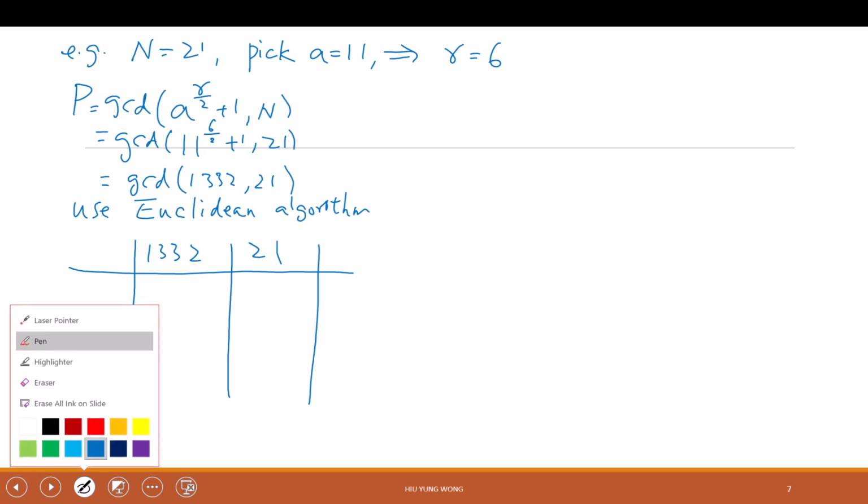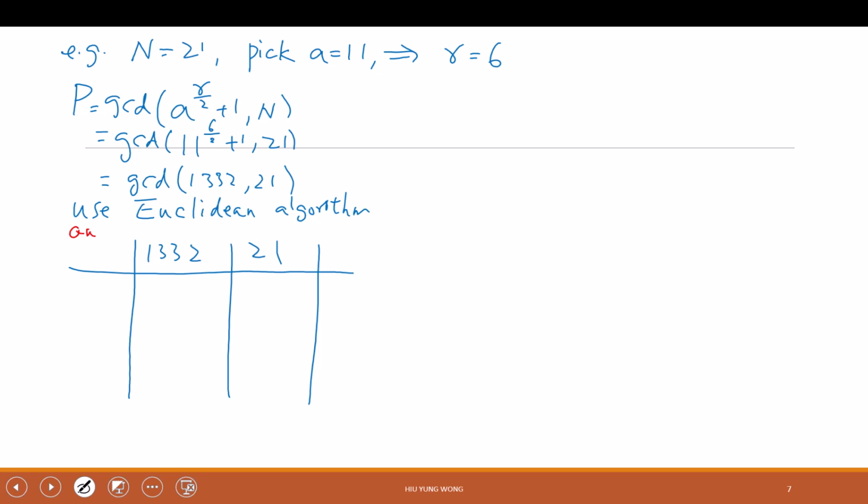So here is the quotient. This is the quotient. And here you put the remainder. So the first thing I will divide 1332 by 21.